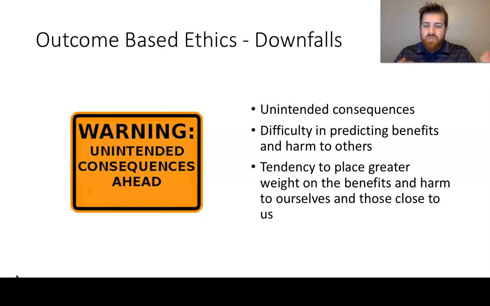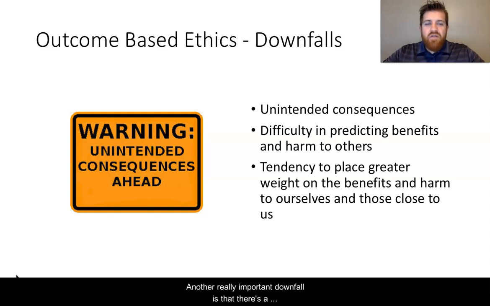And the Ford Pinto case is a good example of that, where, is $200,000 really the right way to measure a life? Maybe not. But again, it highlights that if you're trying to make an objective decision on outcome-based ethics, it's really hard to accurately measure and predict what the different costs and benefits are going to be.